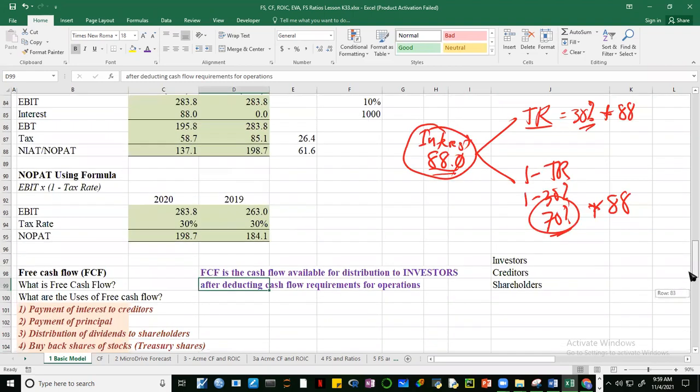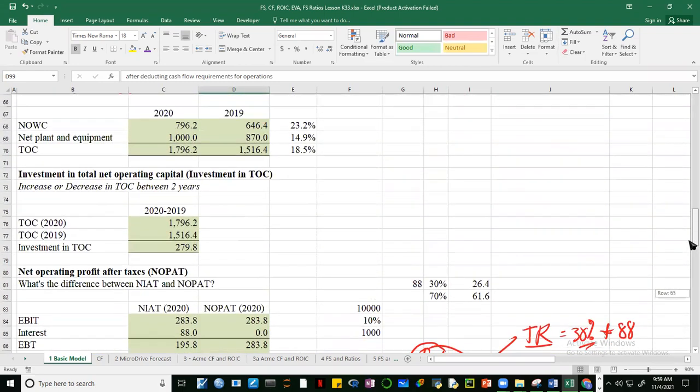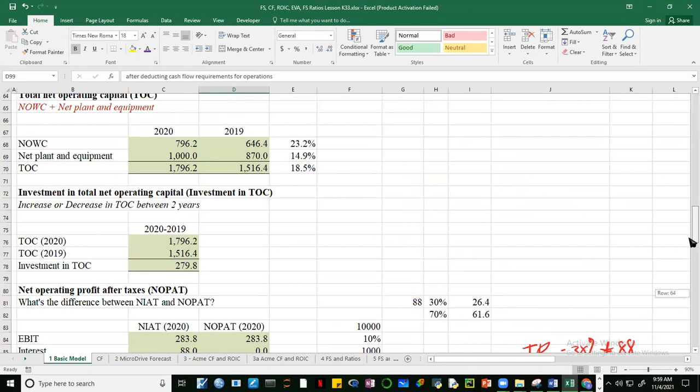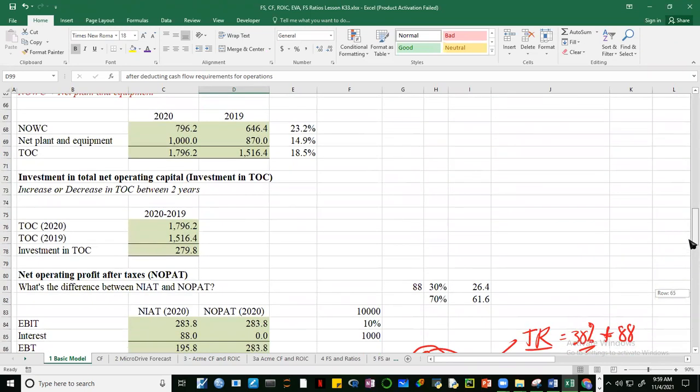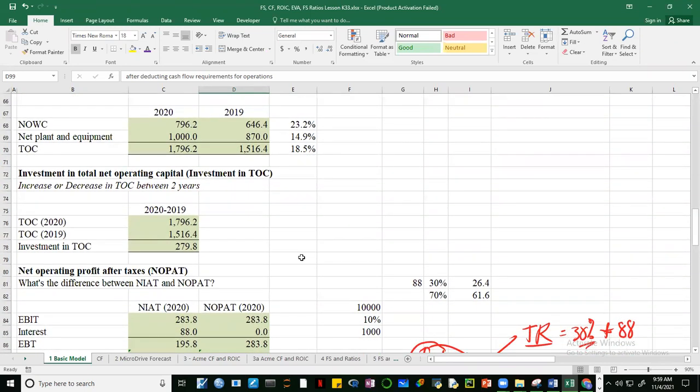If you take a look at the company's capital requirements, at the end of 2019 or the beginning of 2020, it had operating capital of 1516.